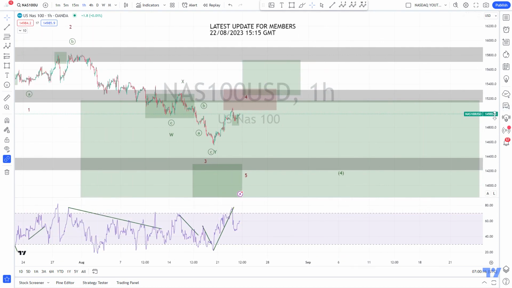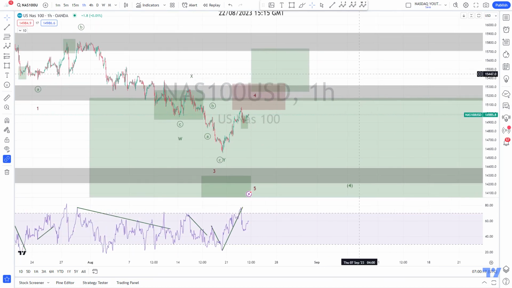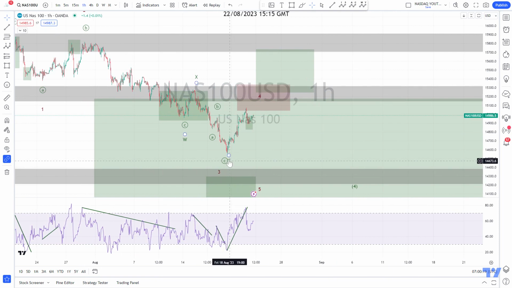So at the 1 hour, let's continue with the scenario in green, the primary scenario. You know about the secondary scenario, the scenario in red.